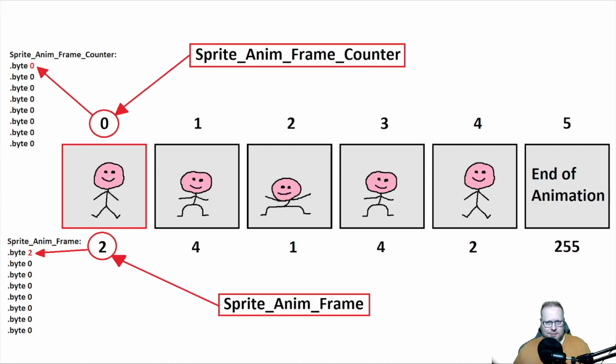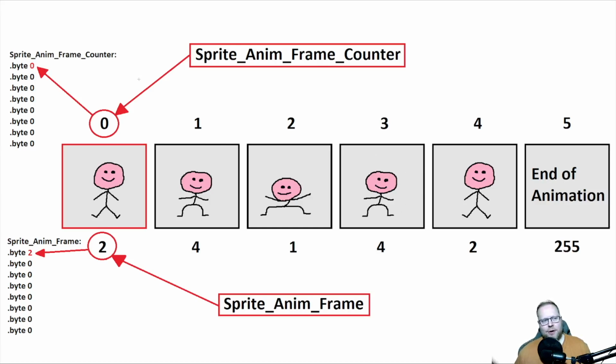But since this is an animation, it's going to go up a frame, so then we will get to this frame, and then this frame, and this frame, and of course this frame, but this frame, we're at frame number 3. So when sprite 0 has this frame, we're going to have a 3 in here.